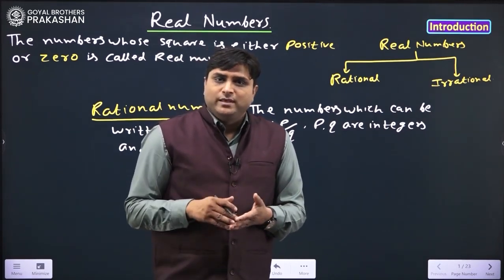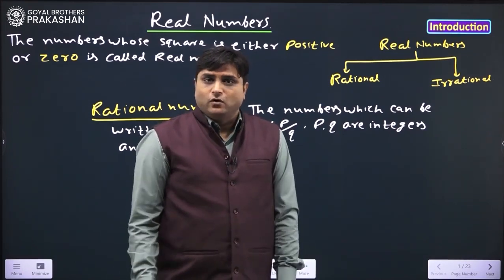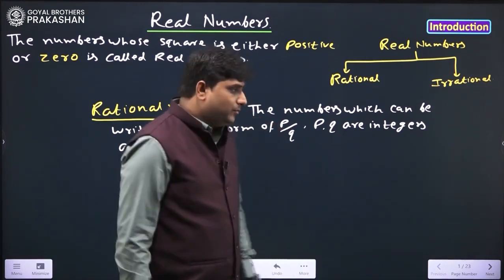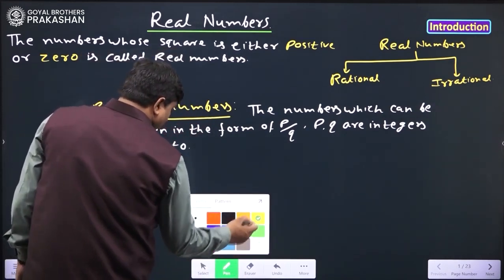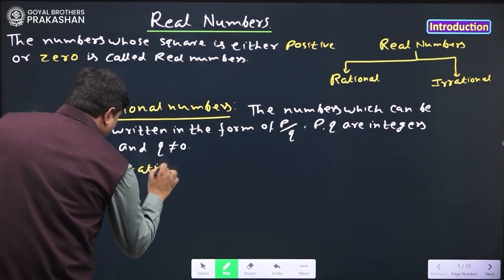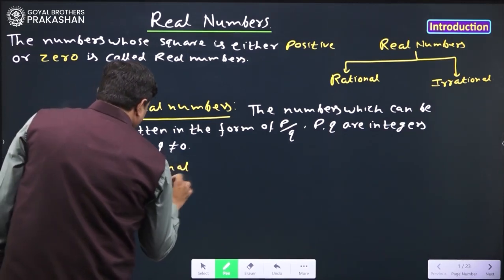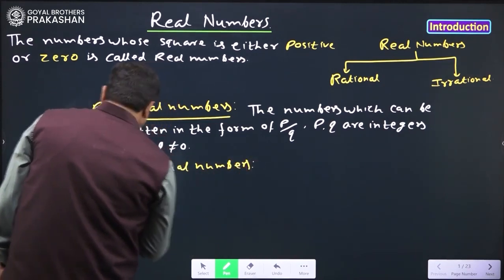So irrational numbers are the numbers which cannot be written in the form of P by Q. A definition is not required here because if a number is not rational, it is irrational.